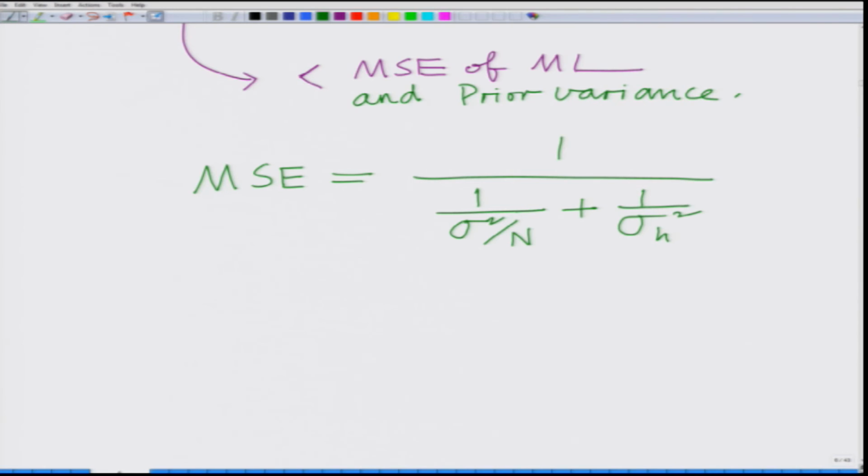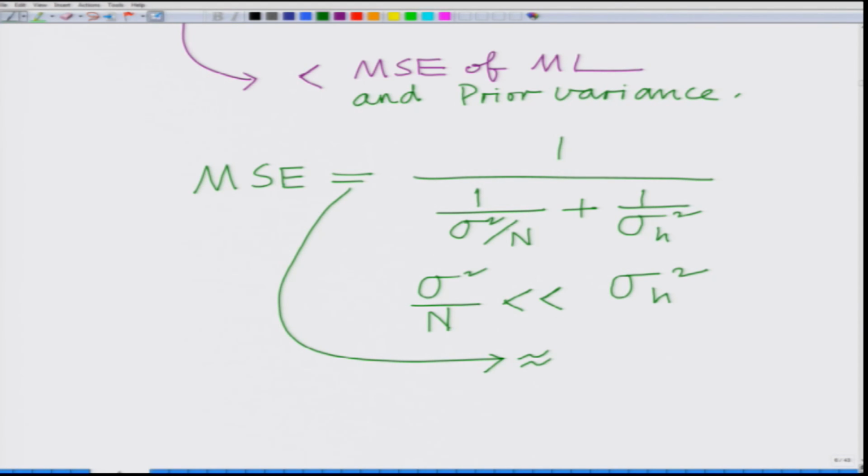Now, if sigma square over n is much smaller, let us say the MSE of ML is much smaller than sigma h square, then 1 over sigma square over n is much larger than 1 over sigma h square. Therefore, in this scenario, this will be approximately equal to 1 over sigma square over n, which is simply sigma square over n, equal to the MSE of the maximum likelihood estimate.